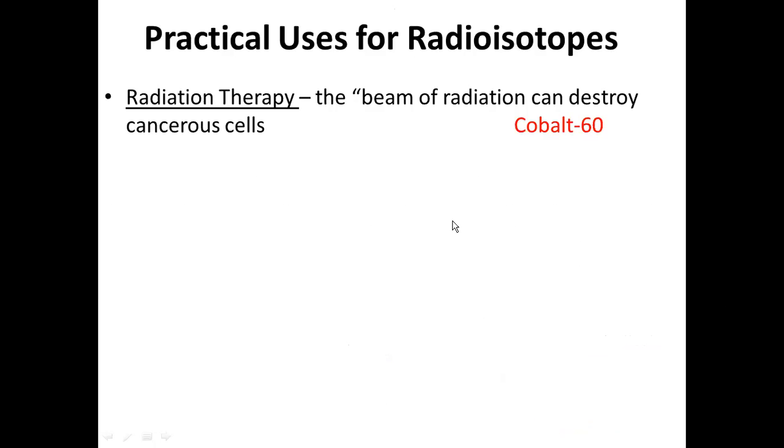Moving forward, there are some practical uses for atoms that naturally decay or artificially decay. One of them would be radiation therapy, where we direct a beam of radiation directly at cancerous cells to destroy those cancerous cells.